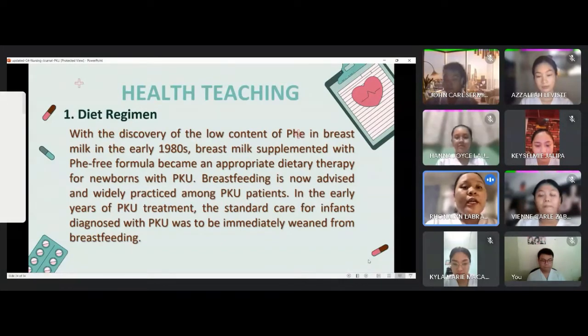Before that discovery, infants diagnosed with PKU were instantly weaned from breastfeeding so that they would be accustomed to phenylalanine-free formula other than their mother's milk. Now, breastfeeding is encouraged and well established in PKU patients. Moreover, breastfeeding is shown to positively affect weight gain in patients with PKU during their first year.